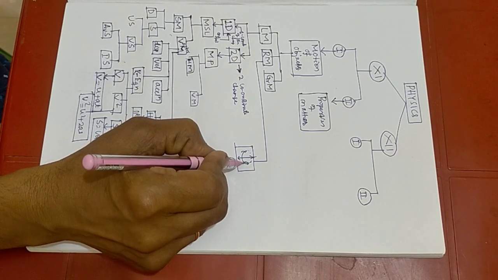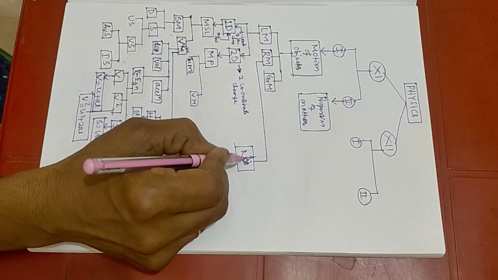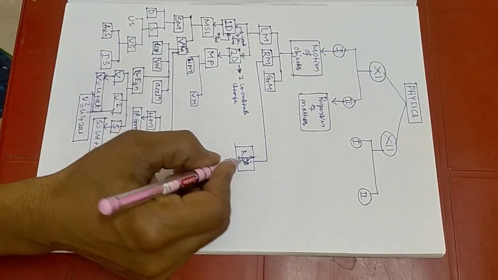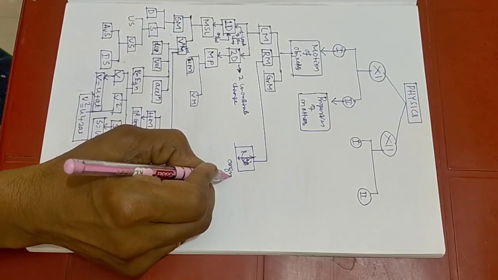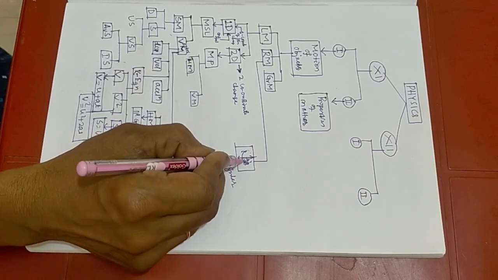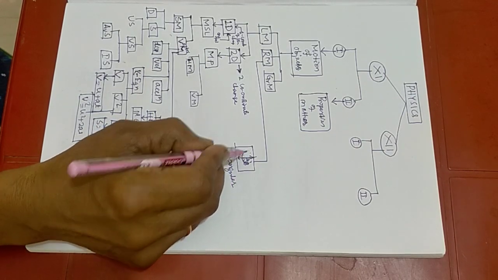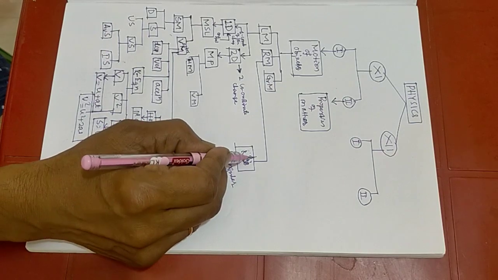And each part of the object makes an angular motion. Rotational motion is your angular motion. That means it makes an angle at the axis or the center if it is chosen on the axis.